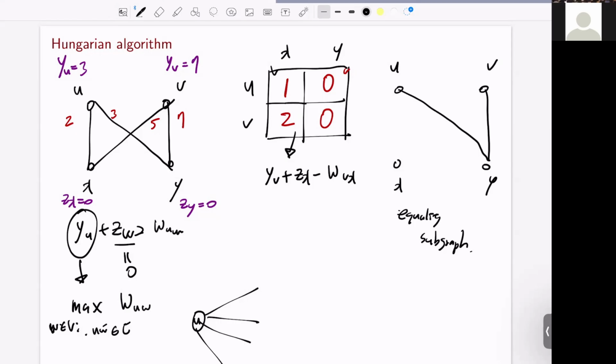Okay. So for this one, you just run the augmenting path algorithm on the equality subgraph.